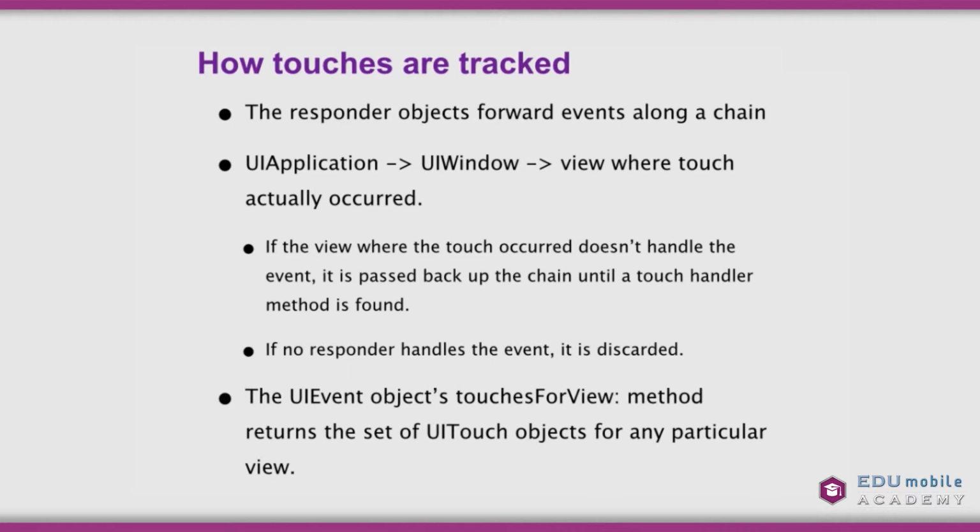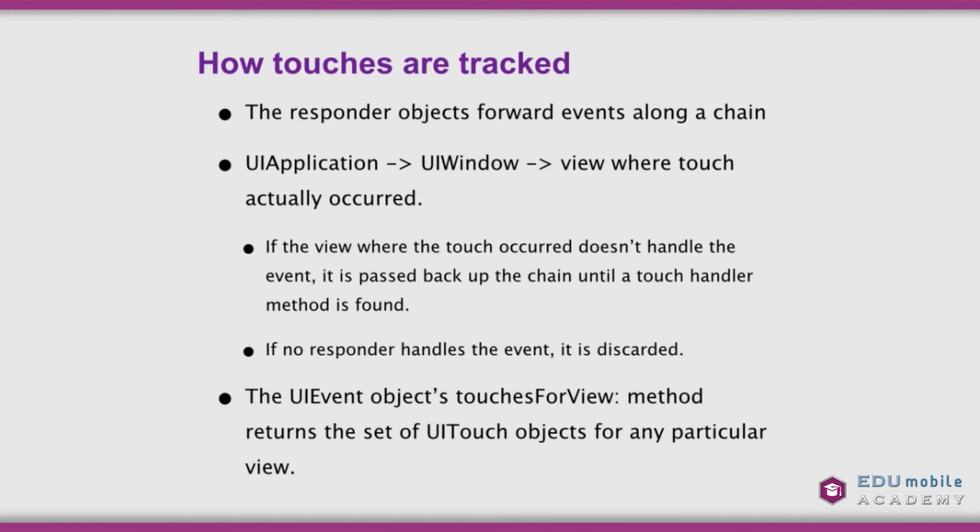If that view handles the event, it's all good. If it doesn't, it starts getting passed back up the chain until some responder object has a touch handler method that responds to that touch. If no responder handles the event, it comes all the way back up the chain to UIApplication, and eventually it's discarded. This kind of chain is called the responder chain.